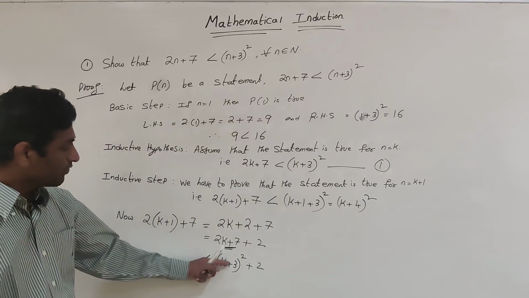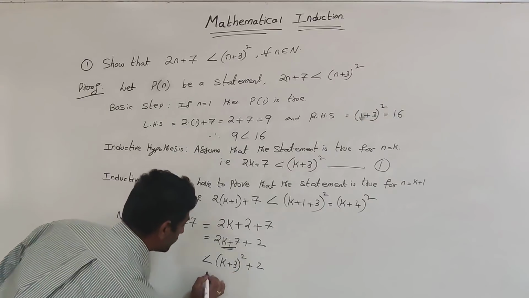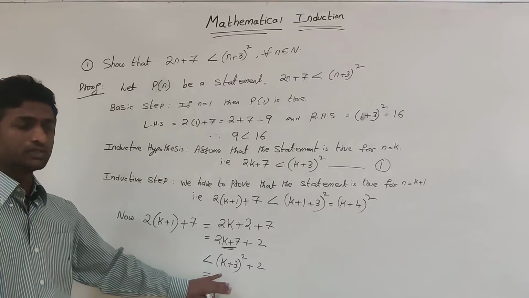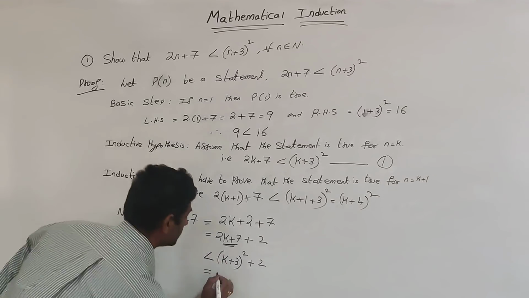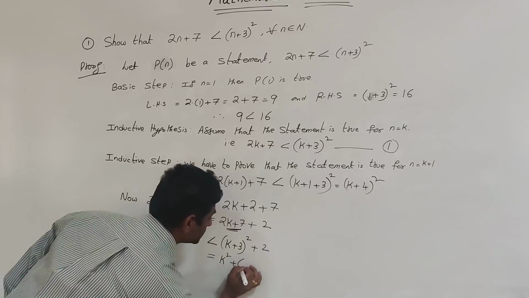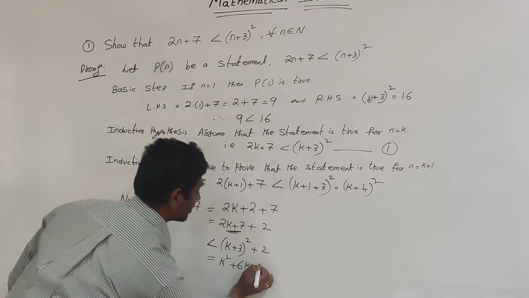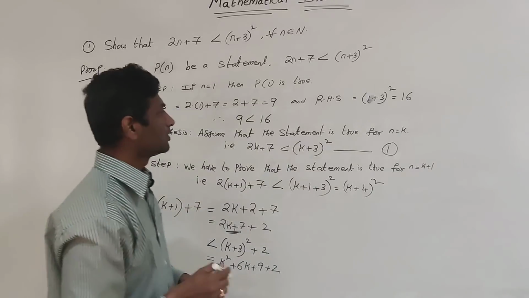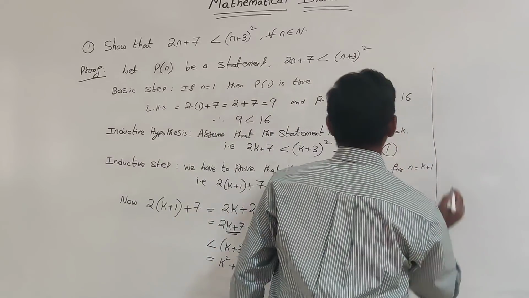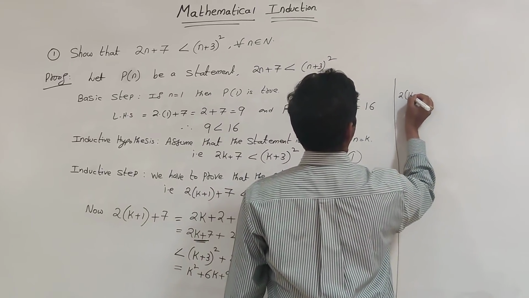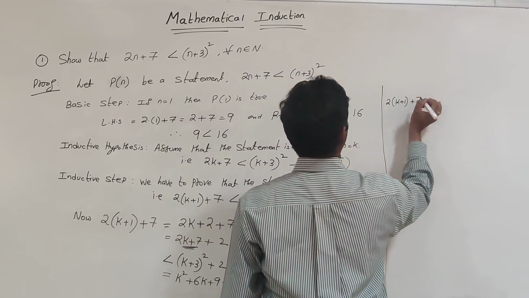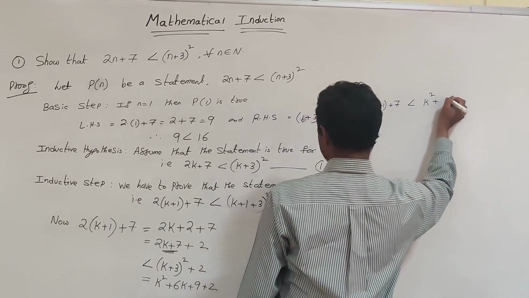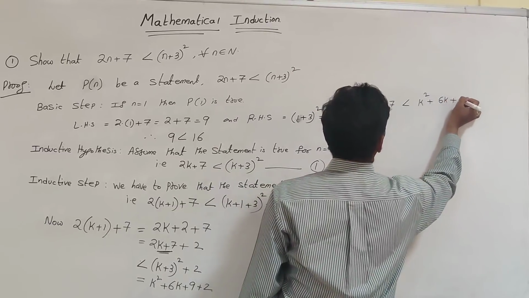If we go for simplification, this gives what? An equality sign, because we are going for an equation simplification. So what it will be? k square plus 6k plus 9 plus 2, means what we got is 2 times (k plus 1) plus 7 is less than k square plus 6k plus 11.